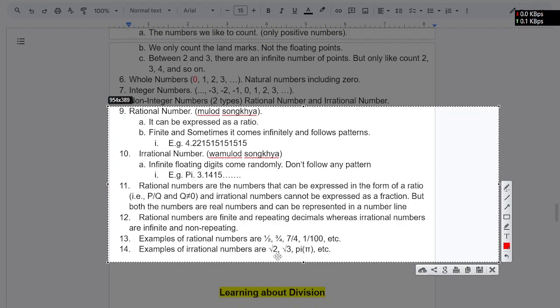But for the rational number 1/2, you get a finite number of decimal places, 0.5. The irrational numbers have an infinite number of decimal places that do not follow a pattern. These are the irrational numbers.